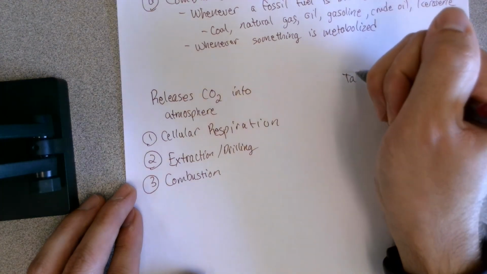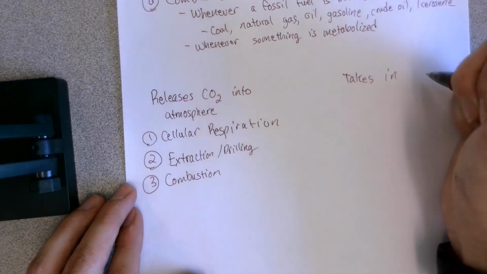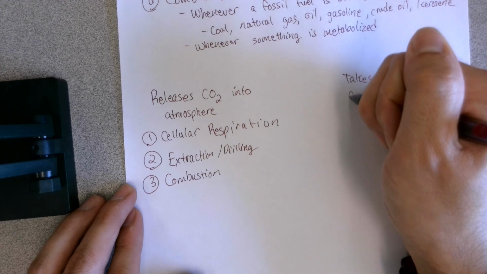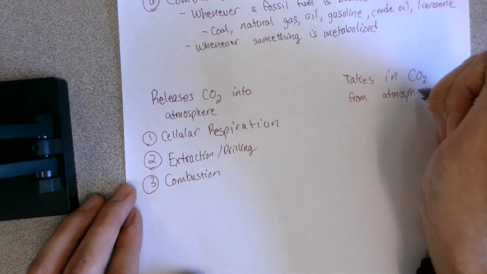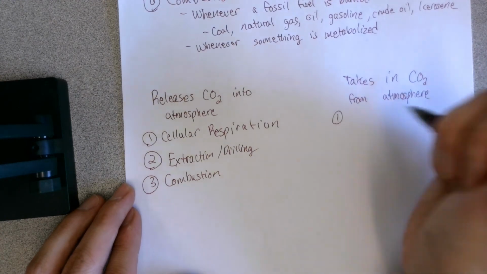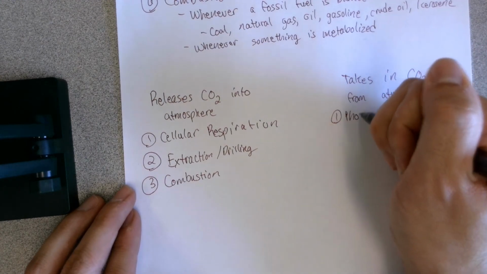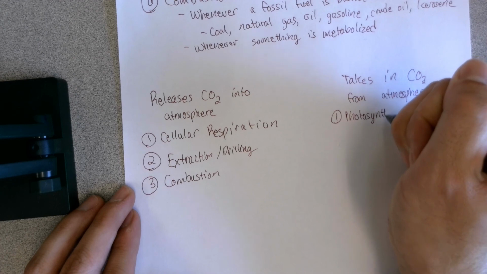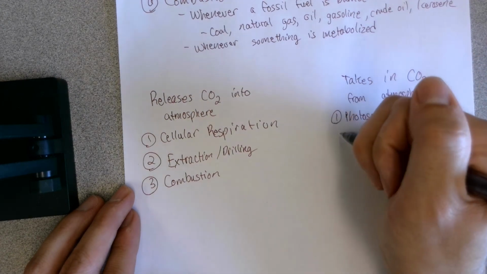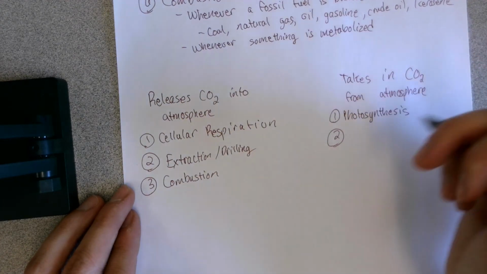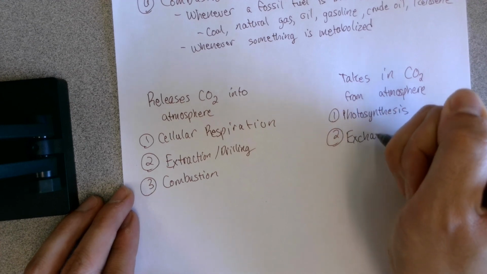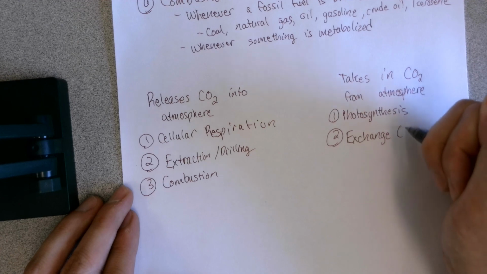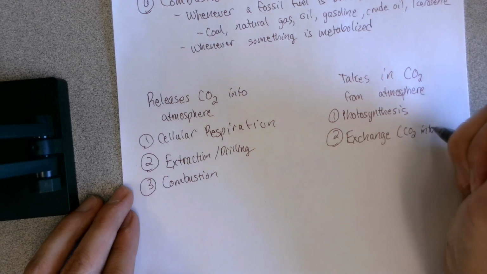Over here, I'm going to put takes in CO2 from atmosphere. And the 2 that we've got here is photosynthesis, obviously, being performed by plants and phytoplankton and stuff like that. And then finally, we've got the exchange process, which is CO2 into the ocean. I missed an O there.